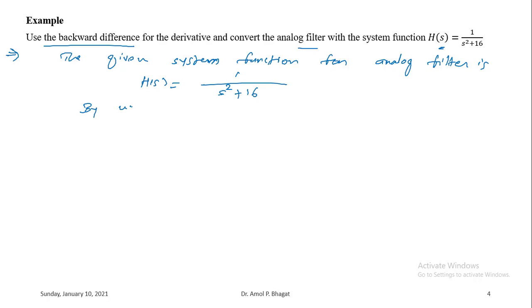By using backward difference of derivative, that is s = (1 - z^-1) / T, right?